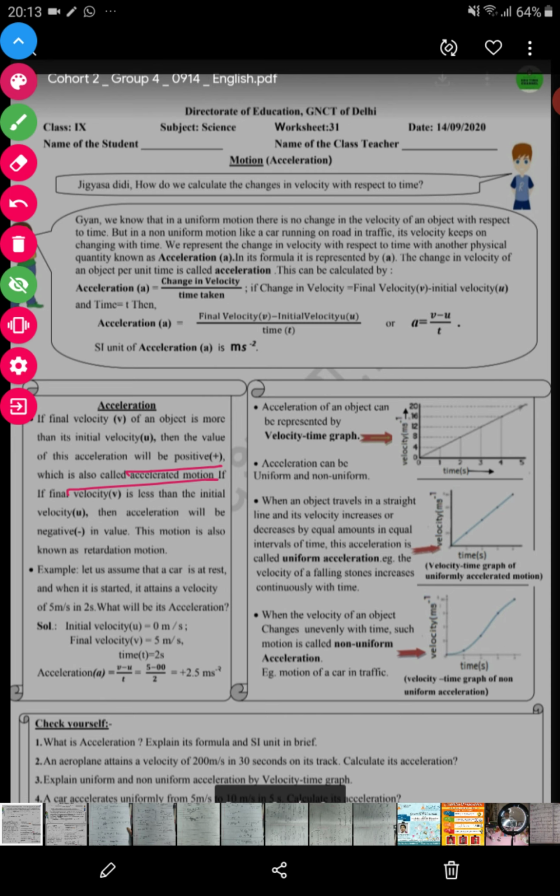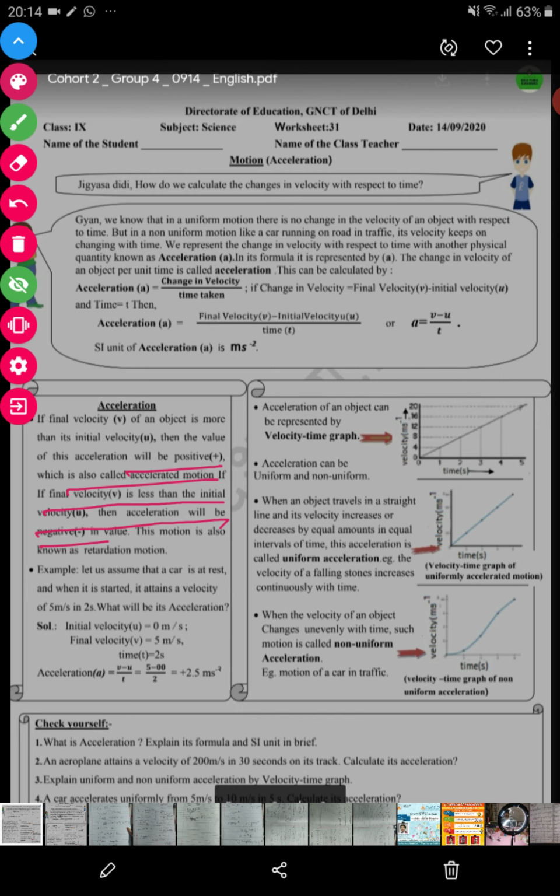Whereas if the final velocity is less than the initial velocity, your acceleration will be in negative form, right? Say a car is moving on the road in traffic, and there is a red light, and it stops at the red light, so its final velocity becomes 0, right? But initial velocity has some value.